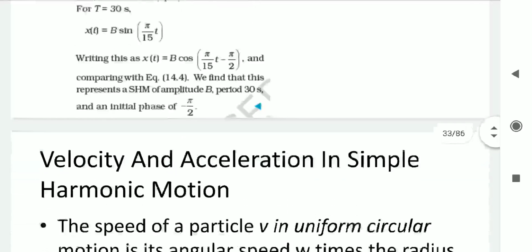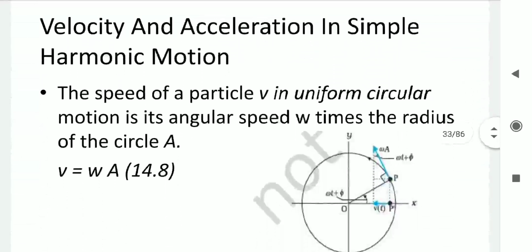Now let us understand the velocity and acceleration components in SHM. Here, while the object is moving in uniform circular motion, its speed is v and its angular speed is omega. It is moving on a circle of radius a. So its linear speed v equals angular speed omega into a.